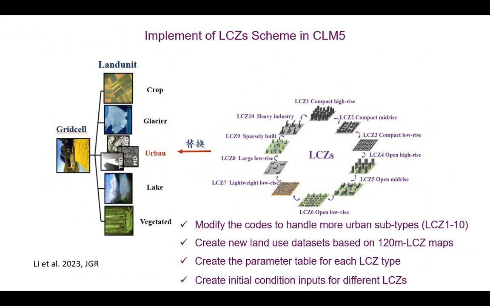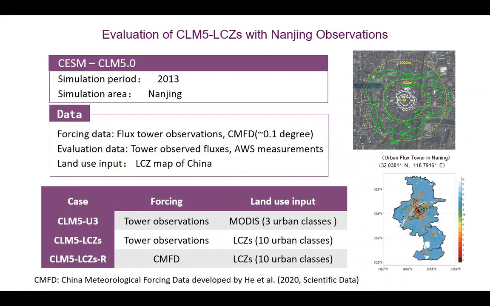After such modification of CLM, we did the evaluation with our observations in Nanjing city, with flux observations. We have eddy covariance flux observations carried out there from 2010 to 2014. Unfortunately, we lost the tower now. Another dataset we use for the evaluation is weather station observation from Nanjing city.